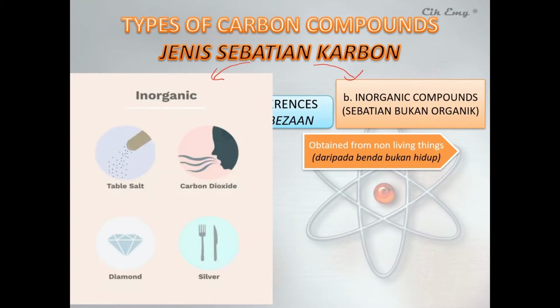Okay, so tadi dalam video dia kata sebatian bukan organik ni kebanyakannya tiada karbon, except for few things. Kecuali sebahagiannya dia ada karbon. Contoh yang awak ada carbon dioxide and diamond. So diamond ni adalah berasal daripada karbon. Tapi yang penting dia bukan daripada benda hidup.